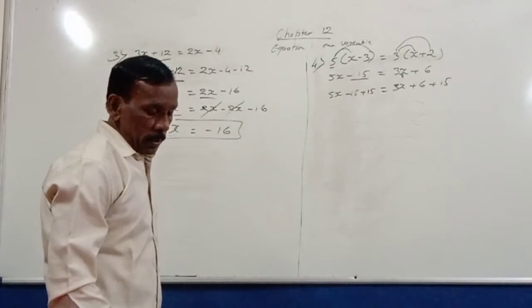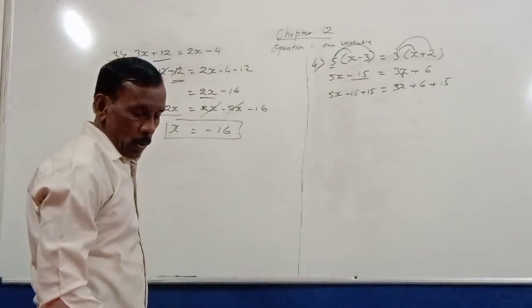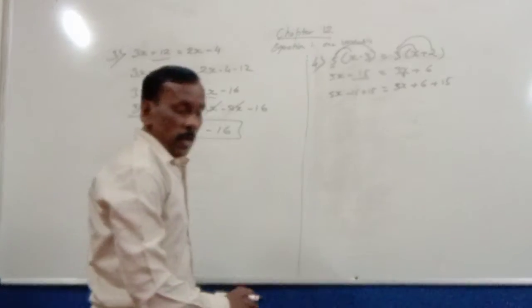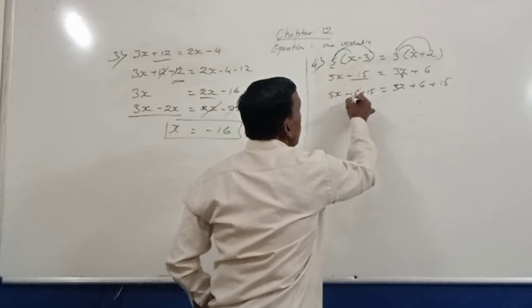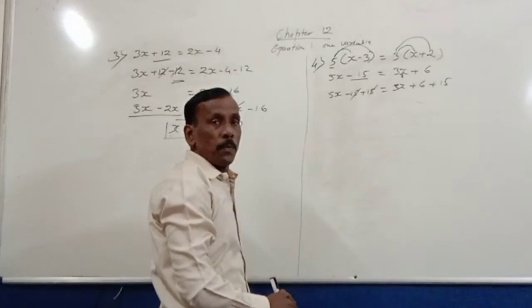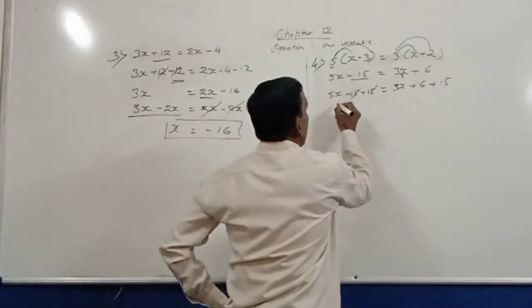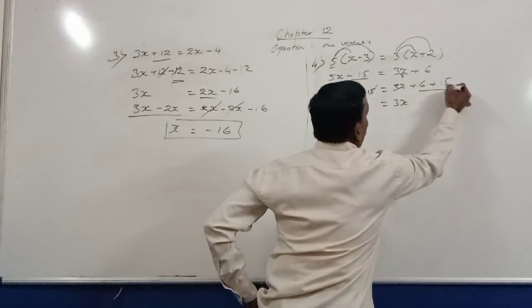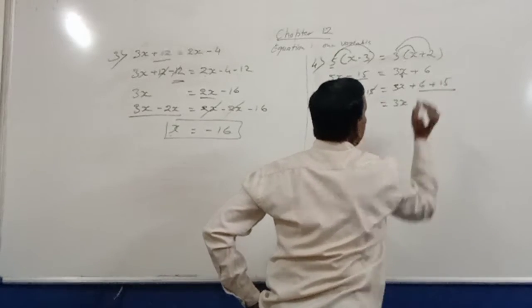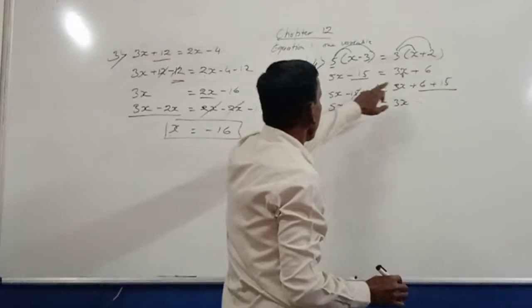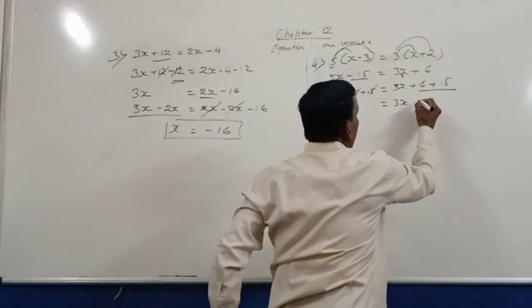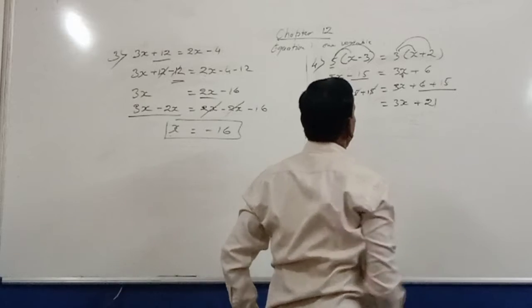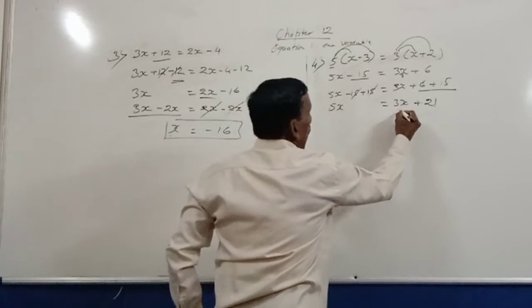These plus 15 and minus 15 are cut here. So what is the remaining here? 5x is equal to 3x. Now 15 plus 6, how much will become here? Plus 21.